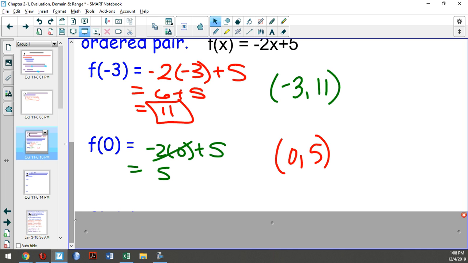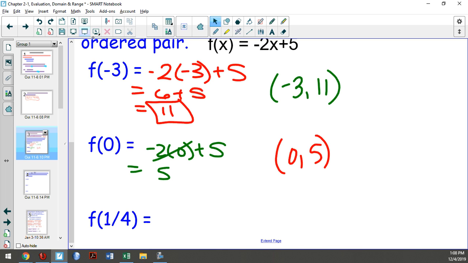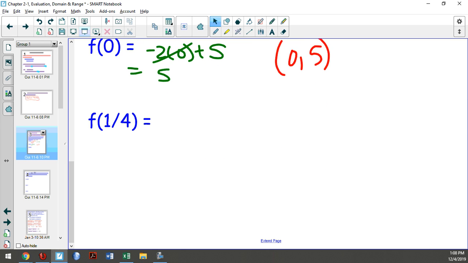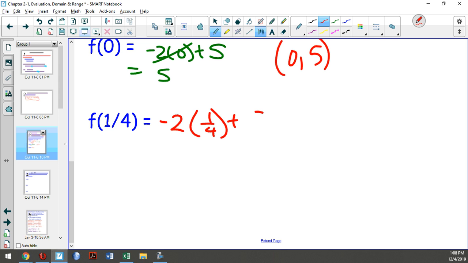Okay. Now, with that being said, I need to do f at 1/4. If I'm doing f at 1/4, I'm going to do exactly the same concept. So I'm going to have negative 2 times a 4th plus a 5. What is negative 2 times a 4th? Negative 1/2.